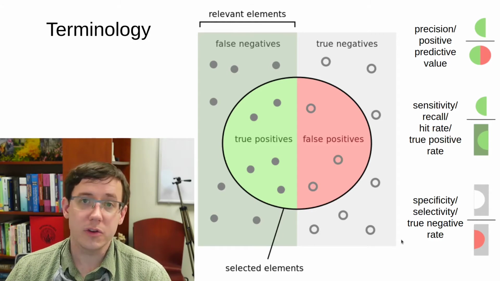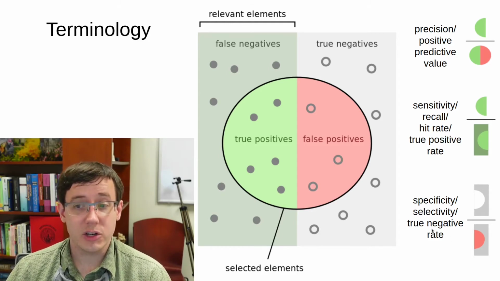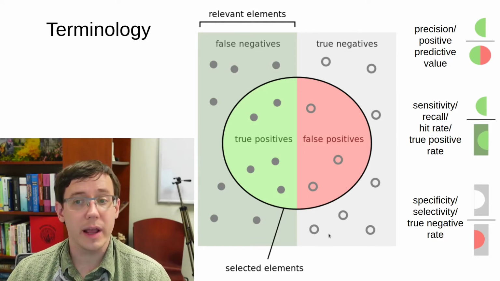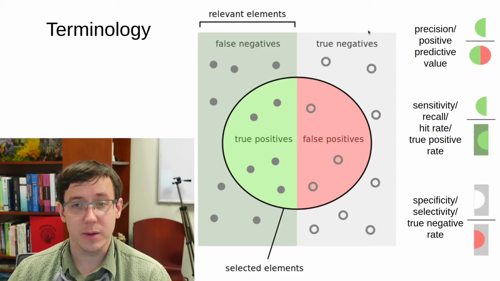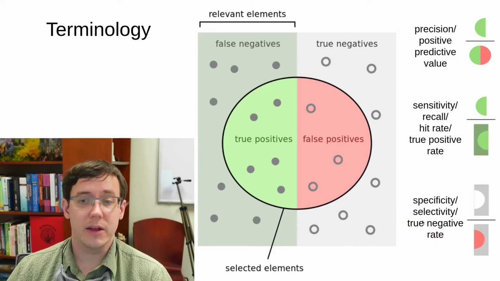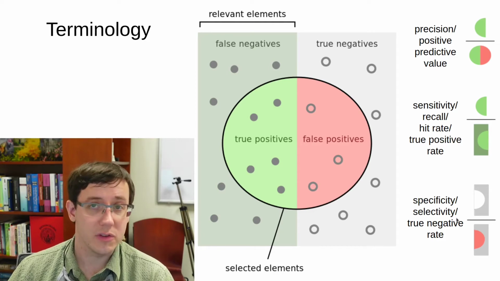And we could also measure the fraction of things that should have been labeled as the second or negative category that the model actually labels as the second or negative category. That's the true negatives divided by all of the things that should have been labeled negative, and this is known as the specificity.